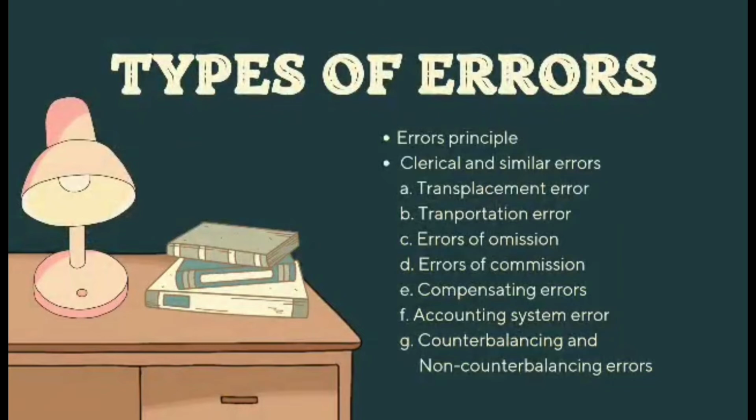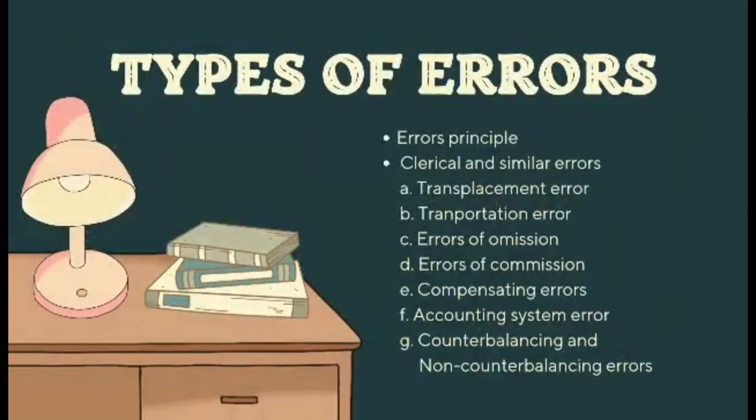For example, a 500 overstatement in the sale account is compensated by a 500 overstatement. The erroneous credit is compensated by the erroneous debit. This error would not be revealed by the trial balance. Accounting system error. For example, there is a bug in the computer program.